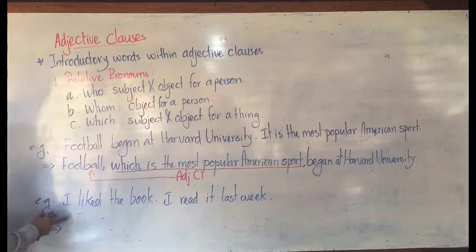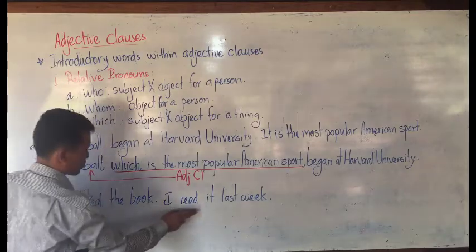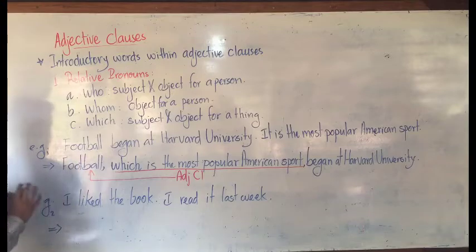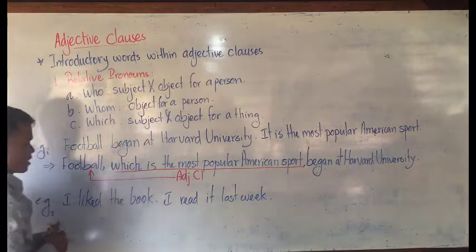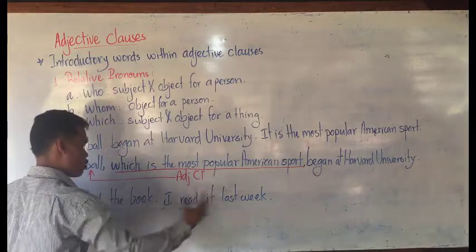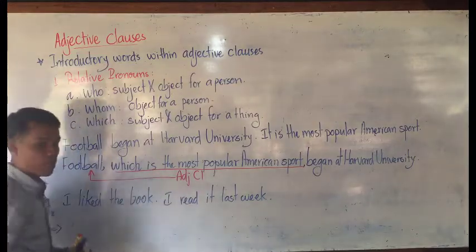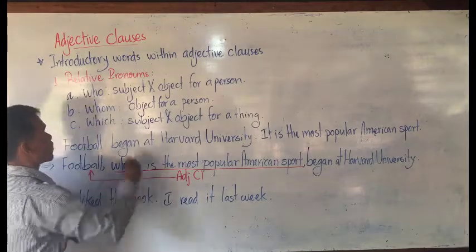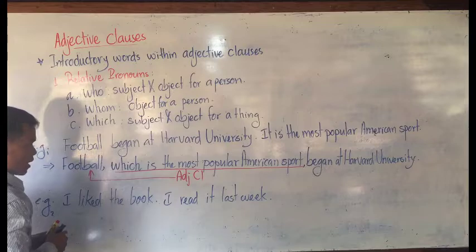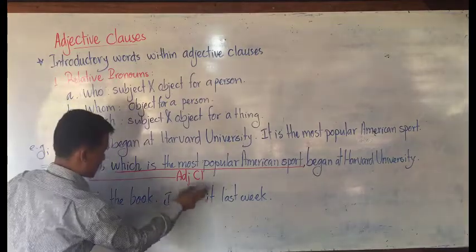Look at number 2. I like the book. I read it last week. Which nouns are the same in these two simple sentences? When we know the same noun and then we combine these two simple sentences into one complex sentence, we use the relative pronoun which here because which is used for a thing. The book and it.